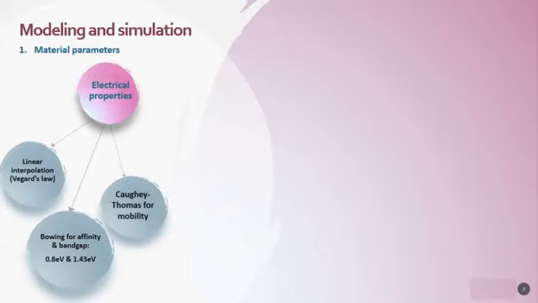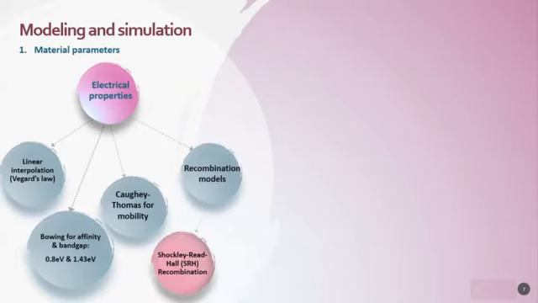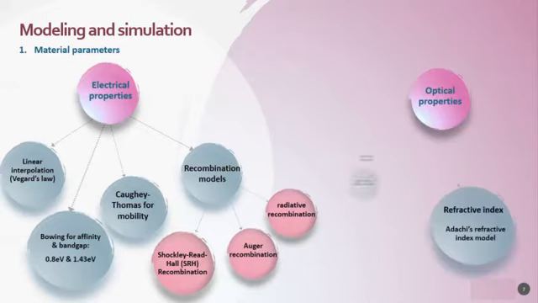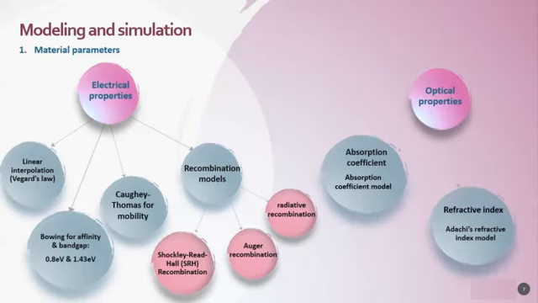We have used the Caughey-Thomas model to calculate mobility. We have three recombination models: Shockley-Read-Hall recombination, Auger recombination, and radiative recombination. We used the Adachi model to calculate refractive index and the absorption coefficient.